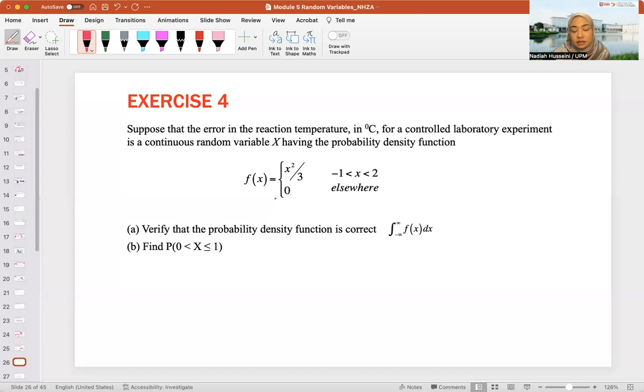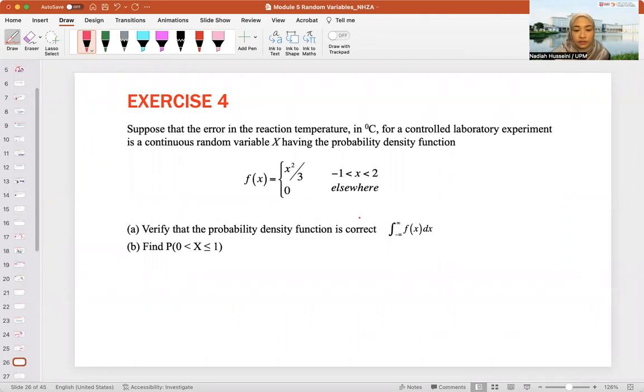This is our probability density function: x squared over 3 when my random variable x is between -1 and 2. Everywhere else, it is 0. We have 3 intervals: before our function exists, where it exists, and after. Verify that the probability density function is correct.